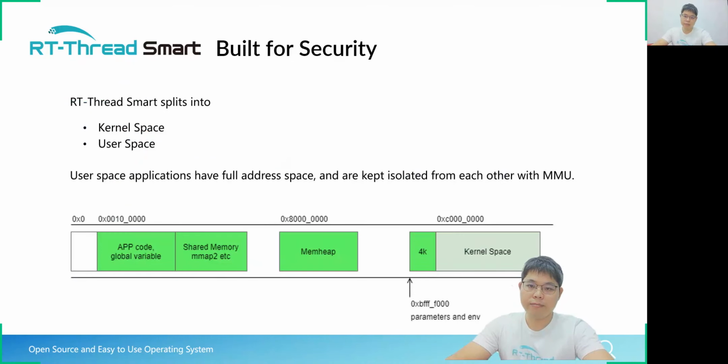For example, in the 32-bit Cortex-A7 core, the high 1 GB of space can be used for kernel mode, and the low 3 GB of space is for user mode. And the kernel can even use the static memory allocation mode. So RT-Thread Smart is more secure and safe.